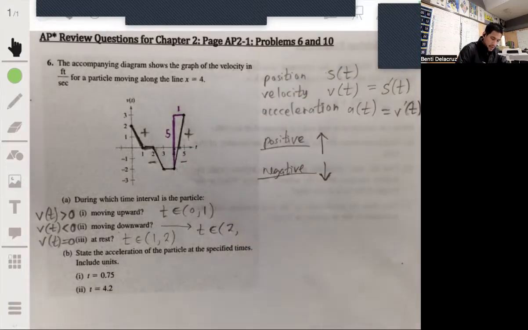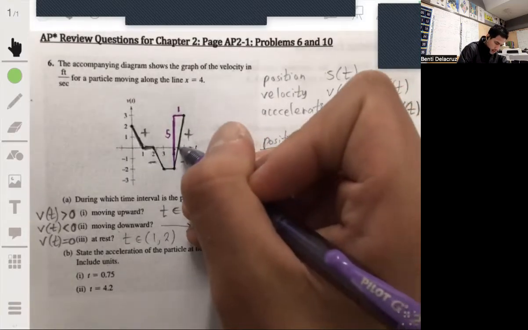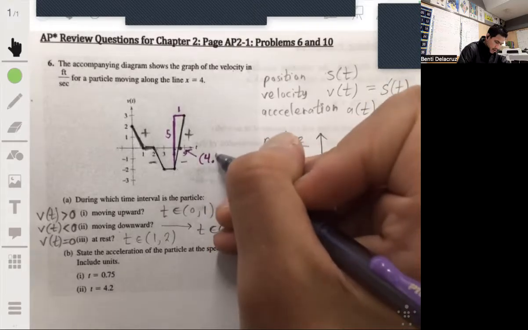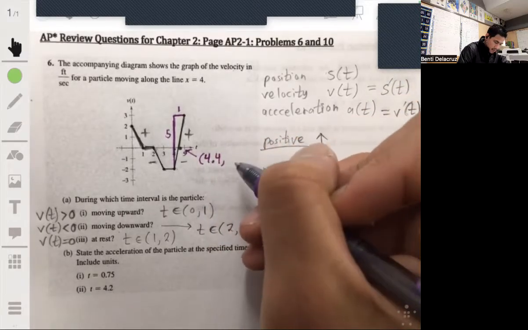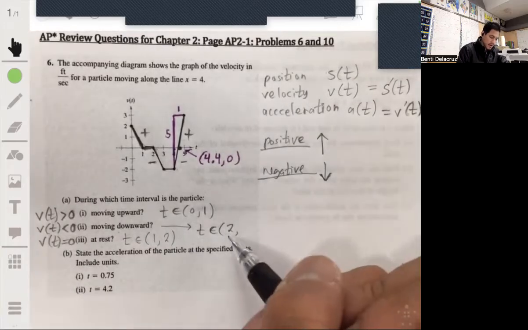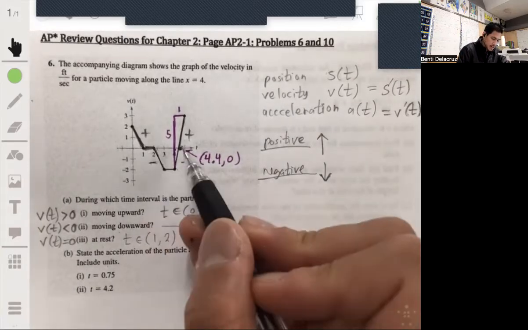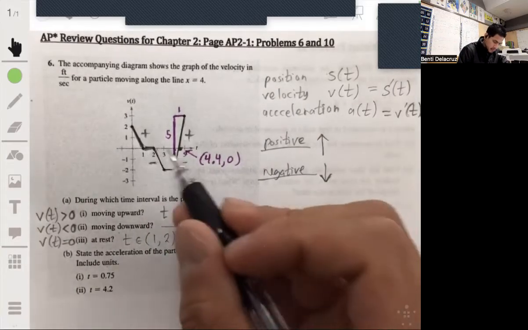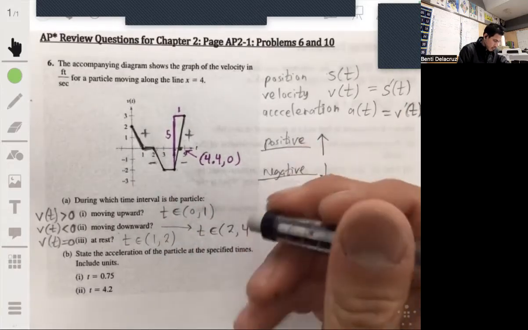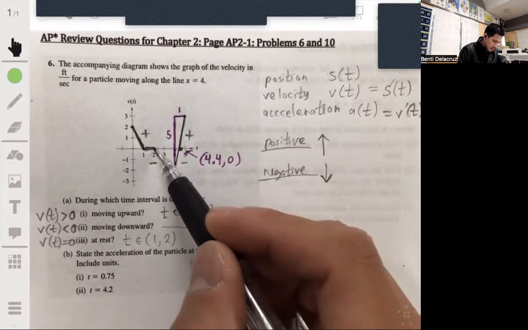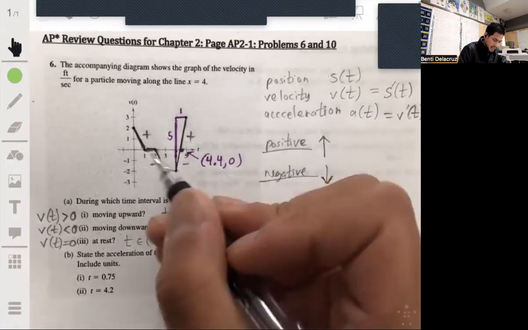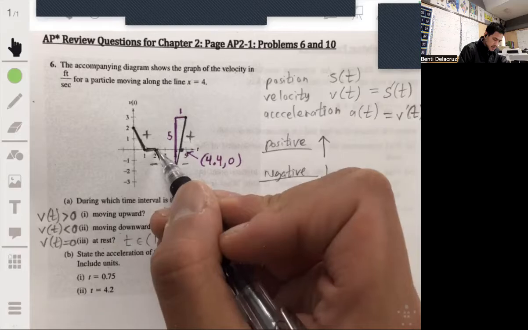So this value here will be 4.4. So that's 4.4 comma 0. So the particle is moving downward from 2 to 4.4, because this is when it's at rest.